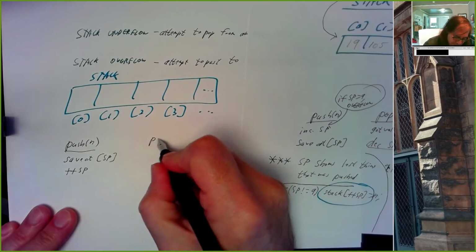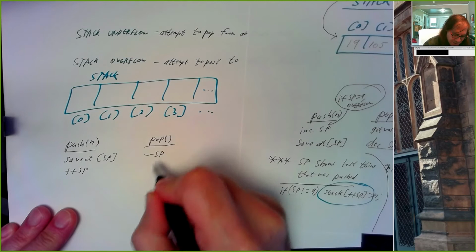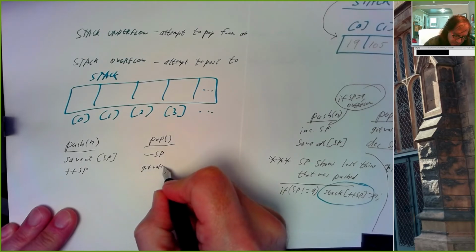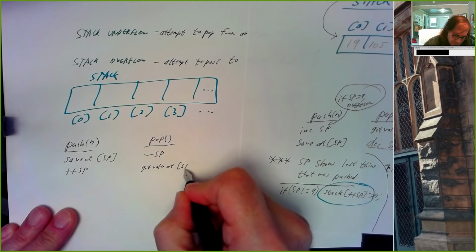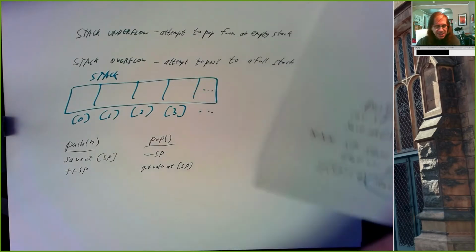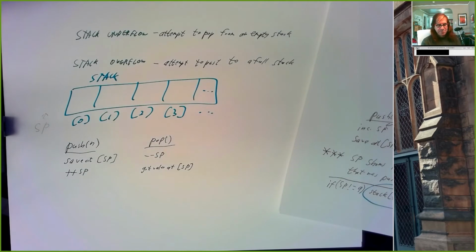And our pop could say decrement the stack pointer, and then get the value. So in this case, our stack pointer would be initialized to -1.